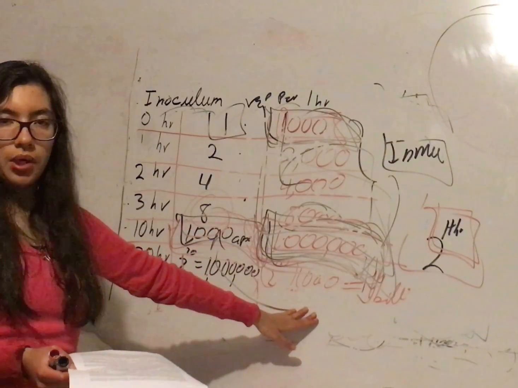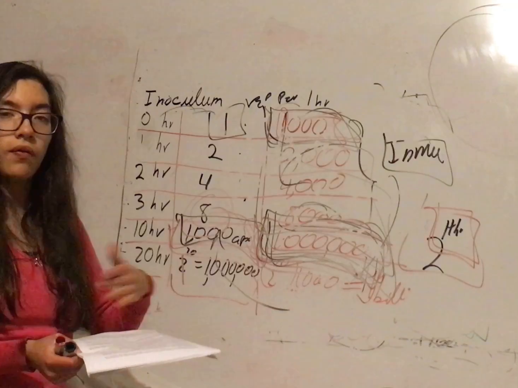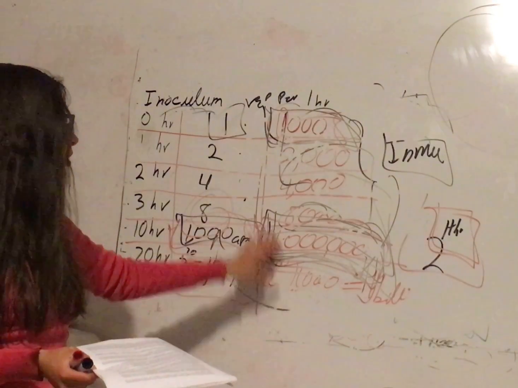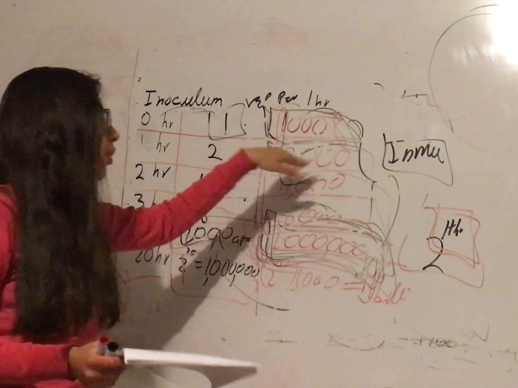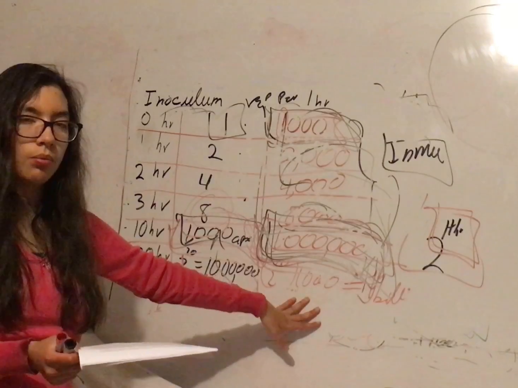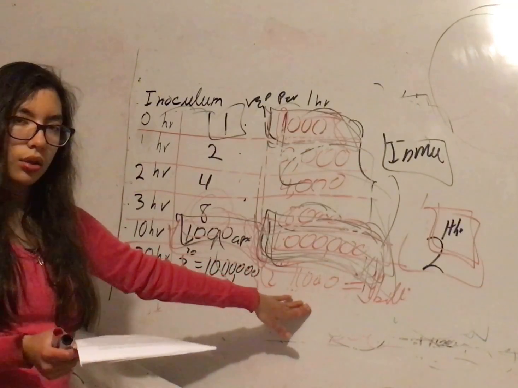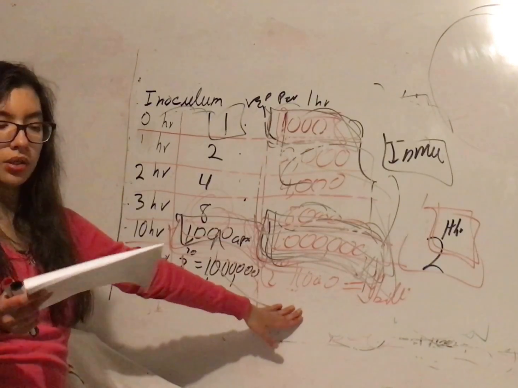Let's say if the person needs 20 viral particles in order to get infected, in order to manifest the disease, so let's see how we could make it so that instead of getting exposed to 1,000 viral particles, it would be just 20 viral particles, the minimum amount that we need to make the disease in one person.